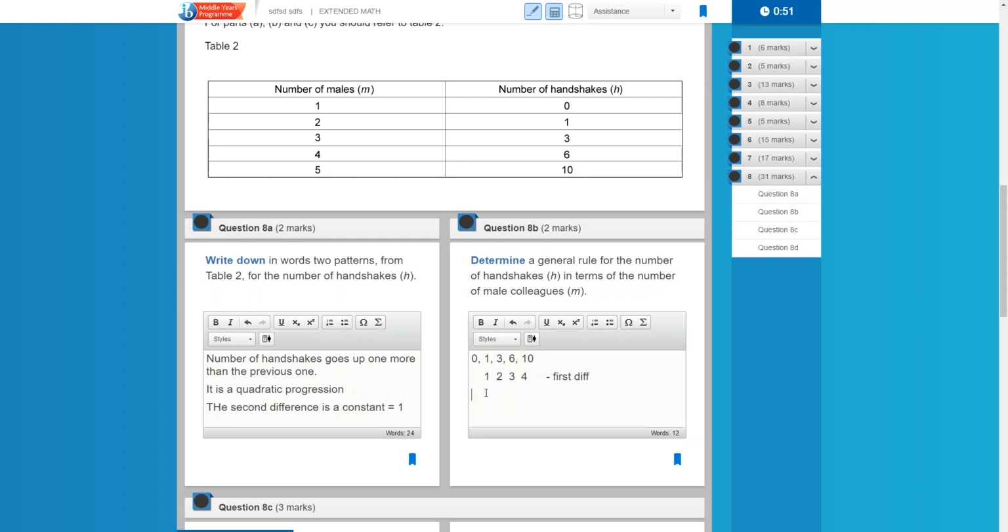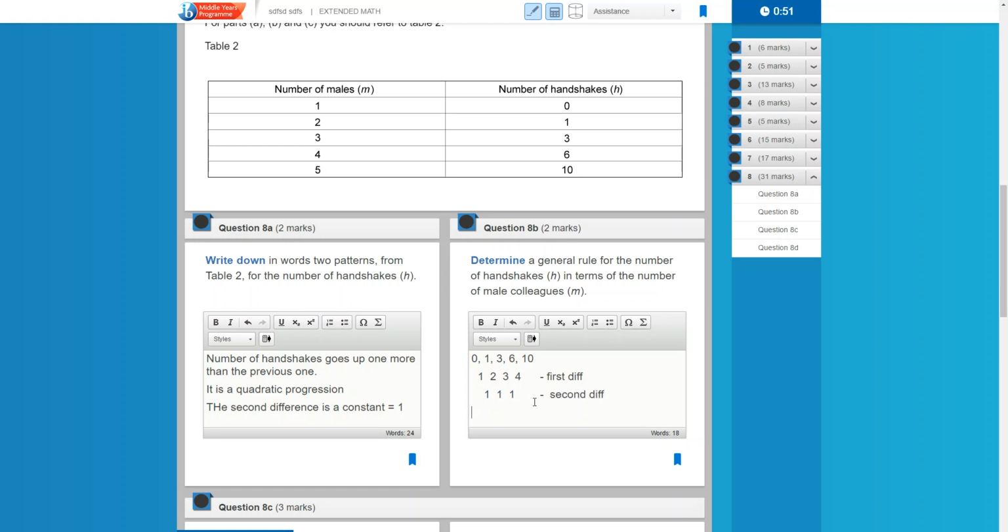Second difference is going to be 1, 1, 1. That's my second difference. So this is a quadratic, okay?